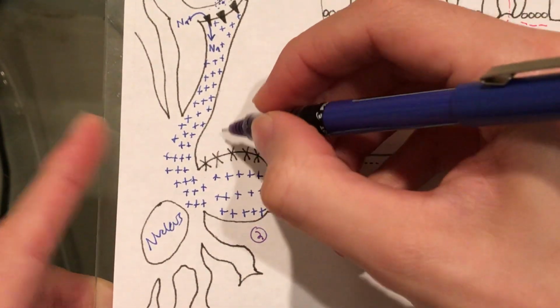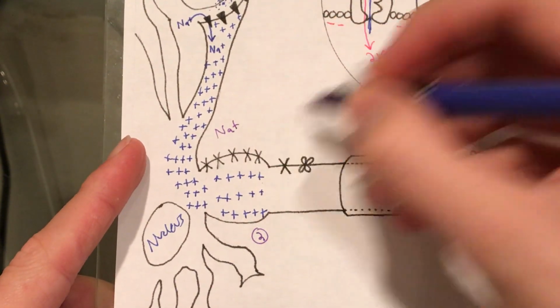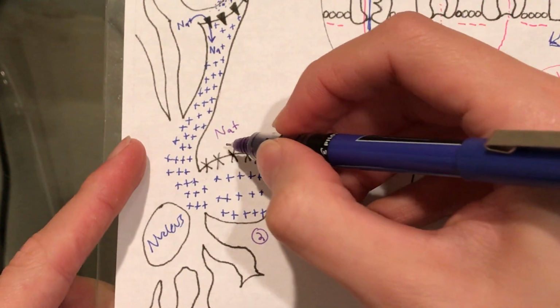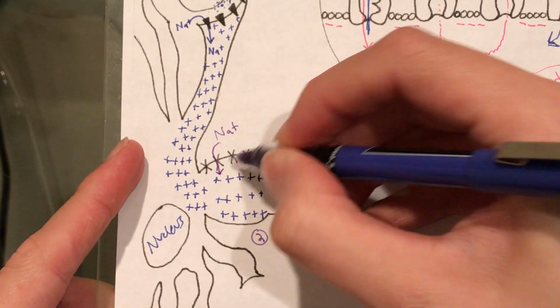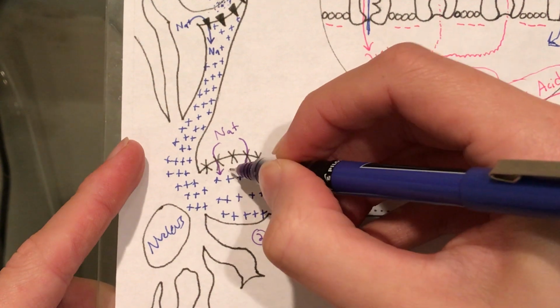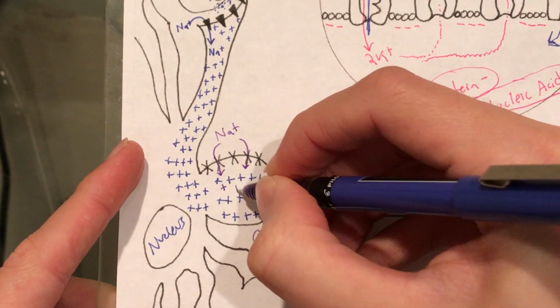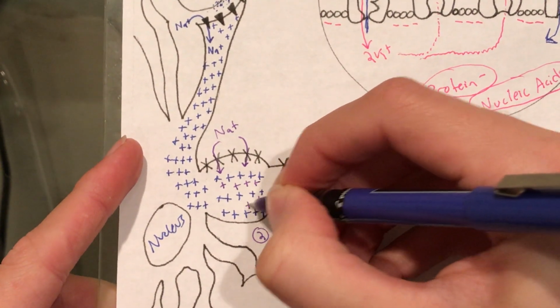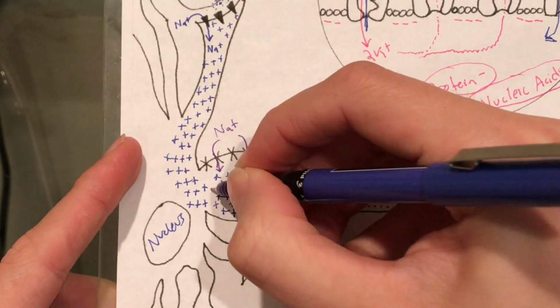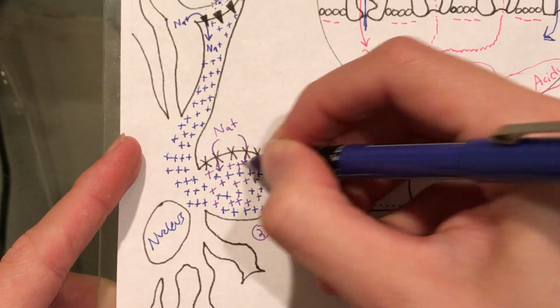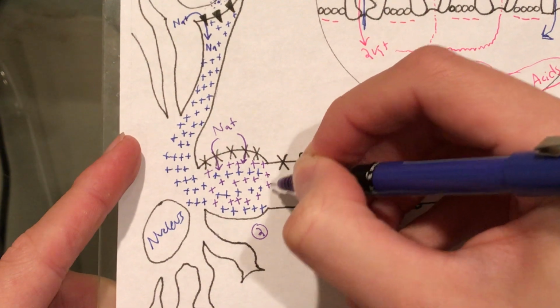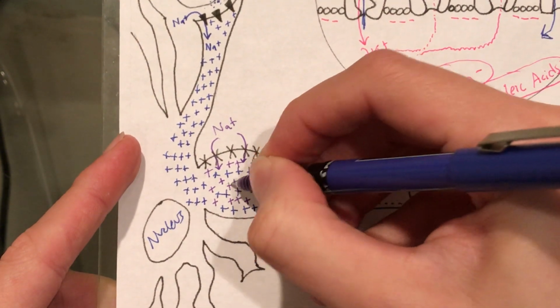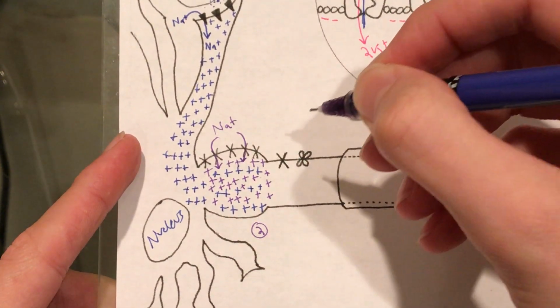We're going to have sodium ions that are still in high amount outside of the cell. They're going to enter through these voltage-gated sodium channels and just add to the mix of positive ions. So there's more positive ions than there even were before now. And they're just going to aggregate in very high quantities here.